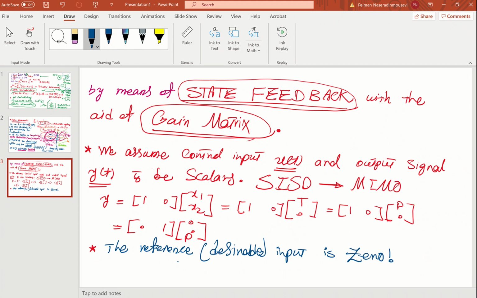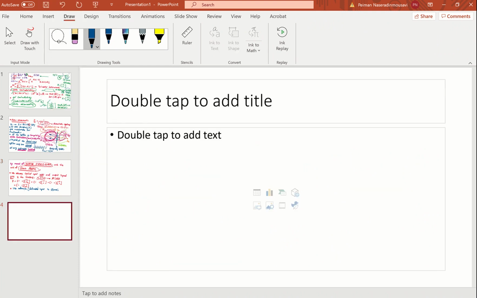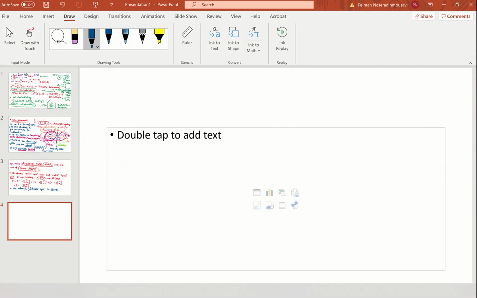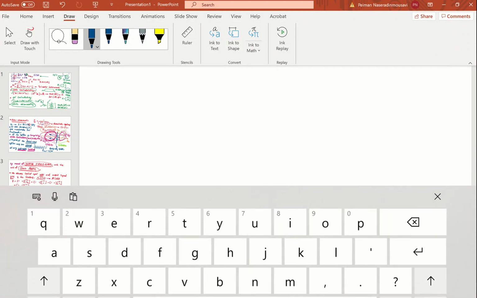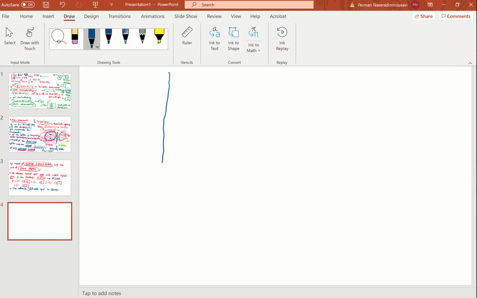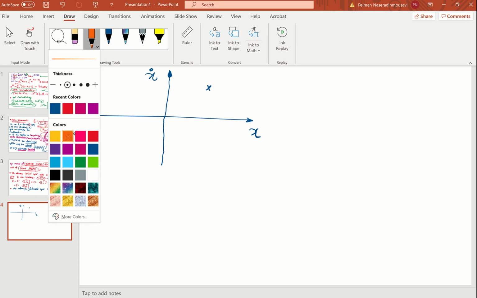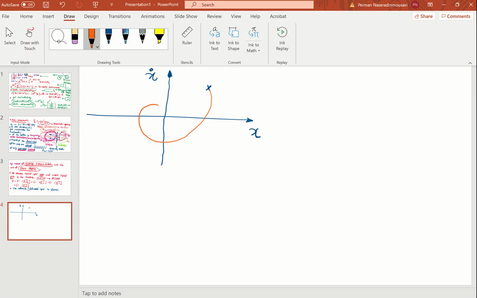What does it mean? Guys, look at here. Remember the phase portrait I plotted for you? I'm saying this is the phase portrait, the velocity versus position, okay? So suppose that starting from any initial point, the desirable reference input at the end, you want to go back here.